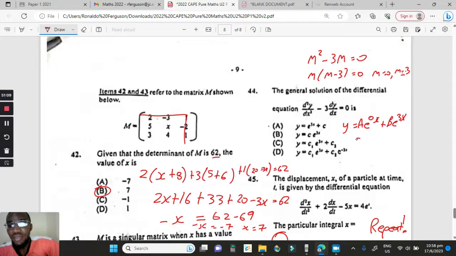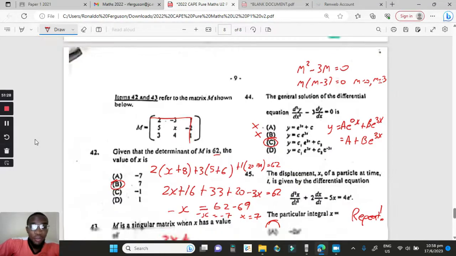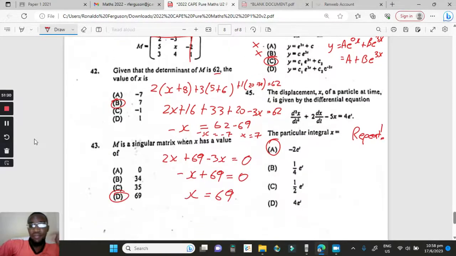Anything to the 0 is 1, so that's a plus b e to the 3x. So looking at that, C1 e to the 3x plus C2, C is correct. So we finished this paper, but remember there's one that we left out.